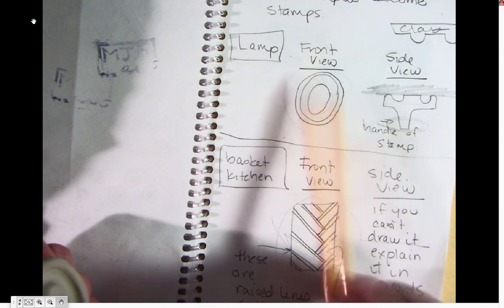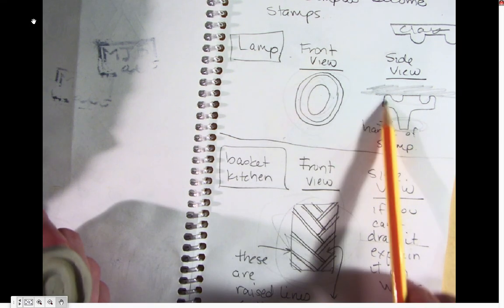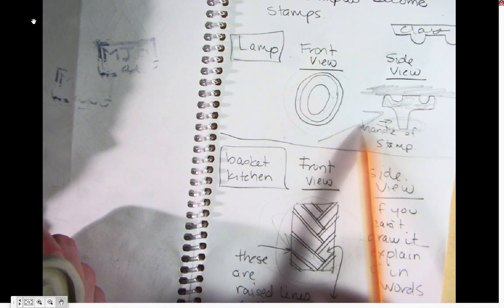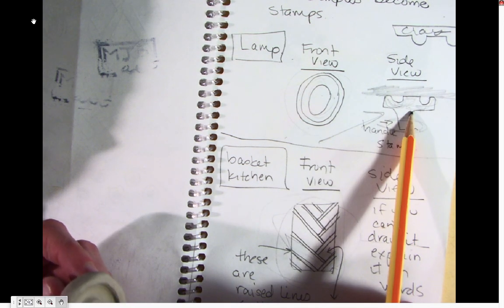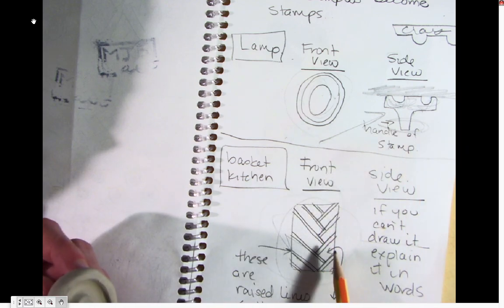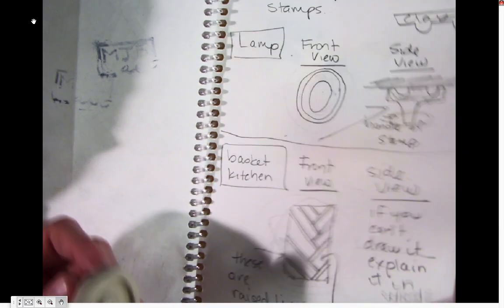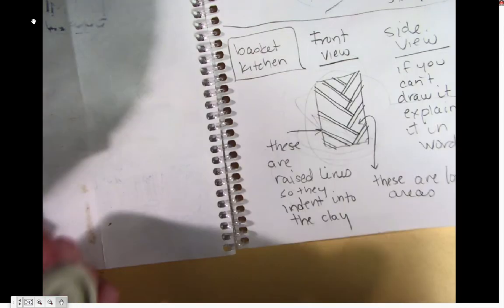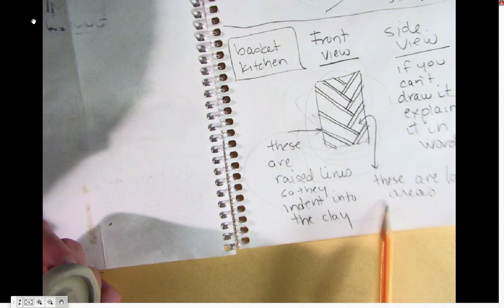Okay, this just looks like 3 circles to me. I need you to think about what it's going to look like from the side. This is my preference if you can do it this way. Okay, if you can't explain it in words, then draw it, then explain it. Okay.